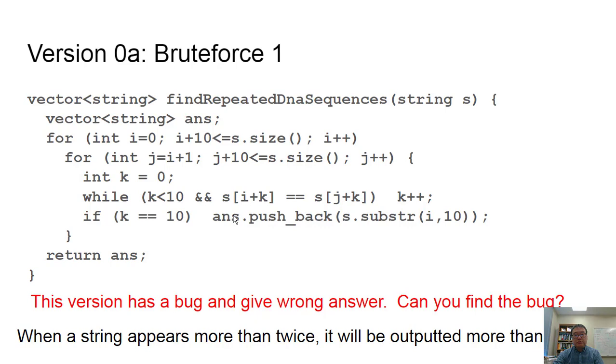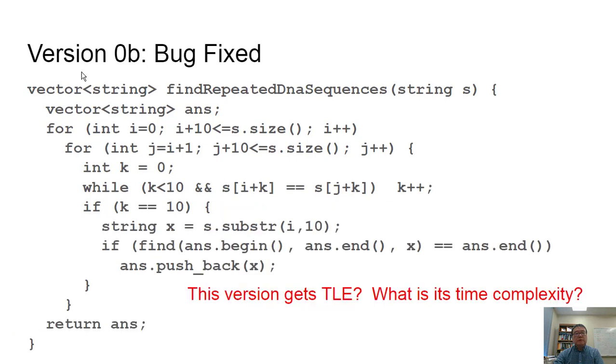We need to make sure that we are not outputting the same string again. One way to fix it is, before we put it in the vector, in the answer, we check whether it's already in there. If it's already in there, we're not going to put it in.